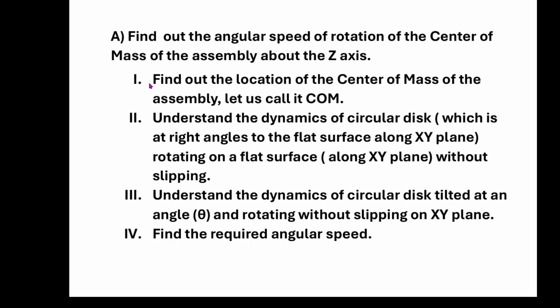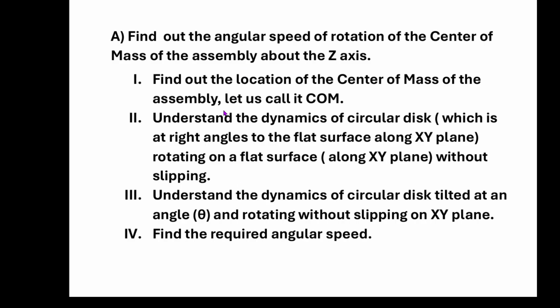I will look at this as finding the angular speed of rotation of the center of mass of the assembly about the z axis, and then check whether it equals the given value.